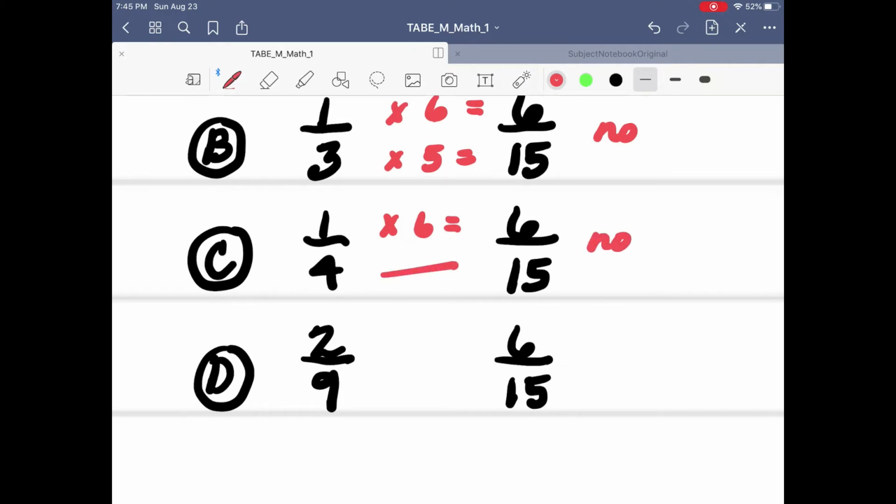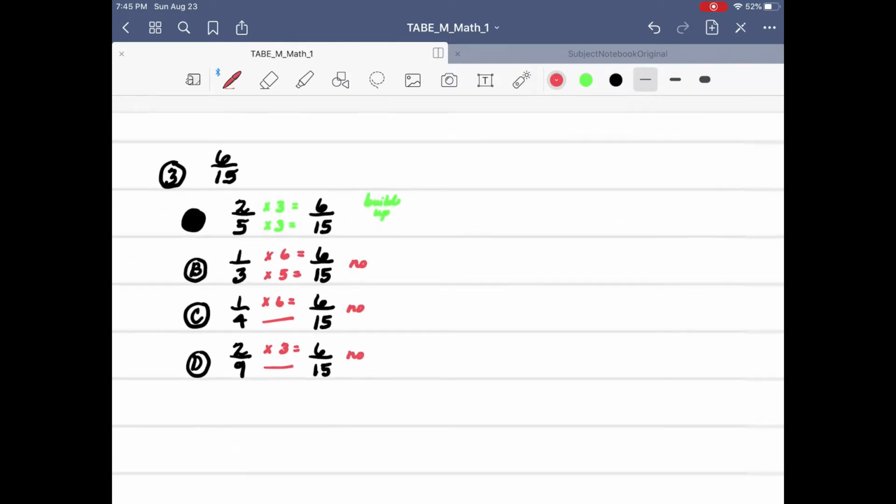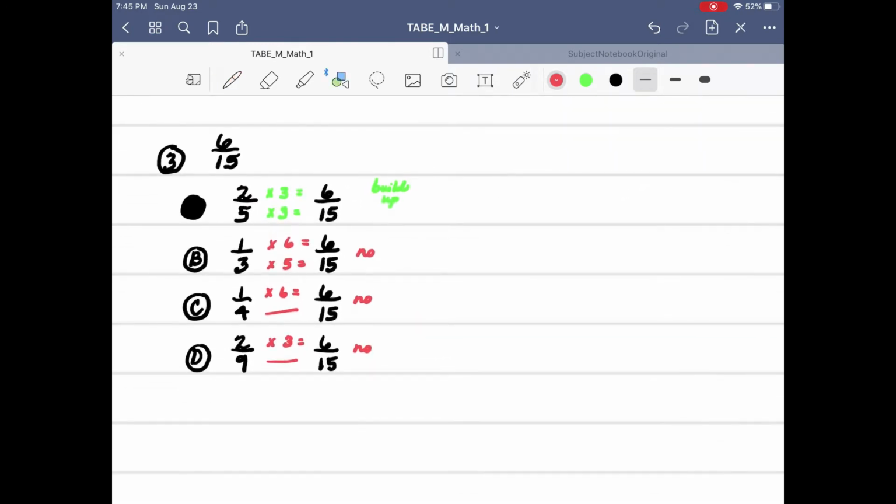That won't work. There's nothing that will work here, so that is not the answer. 2 times 3 is 6. That would work. But 9 times something is 15. That one would not work. So the answer is A.